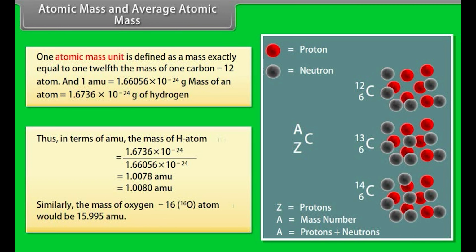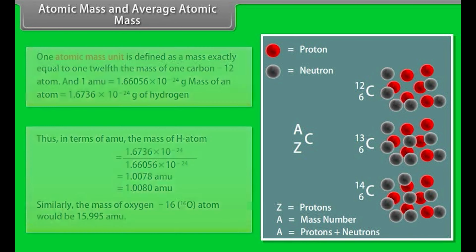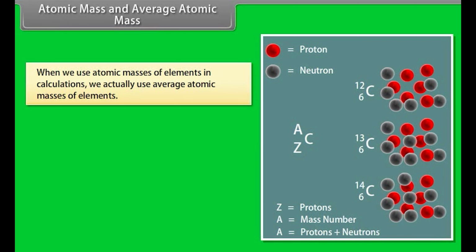Similarly, the mass of an oxygen-16 atom would be 15.995 AMU. When we use atomic masses of elements in calculations, we actually use average atomic masses of elements.